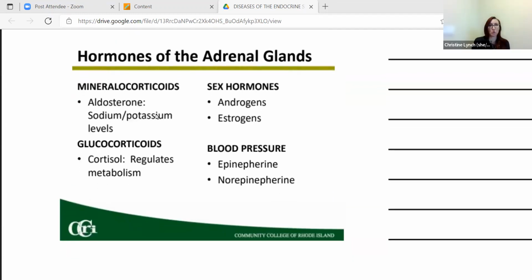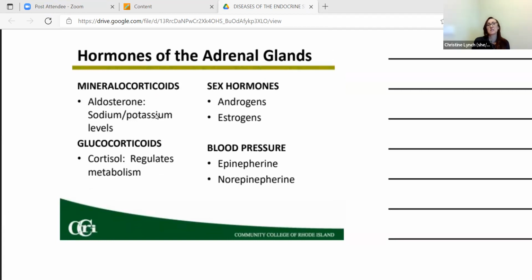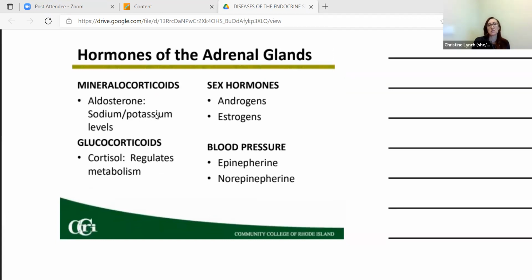Okay, and then we have hormones of the adrenal gland. So the adrenal glands sit on top of the kidneys, and the glands have an outer cortex and an inner medulla, and they each secrete different hormones. So the cortex is stimulated by adrenocorticotropic hormone, and that's ACTH, and that stimulates the production of mineralocorticoids, glucocorticoids, and sex hormones.